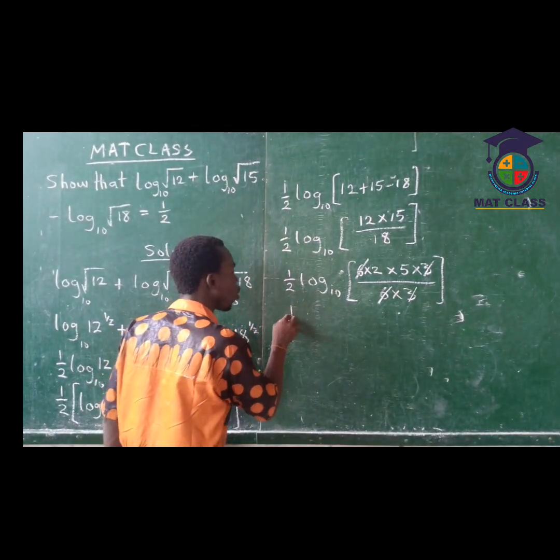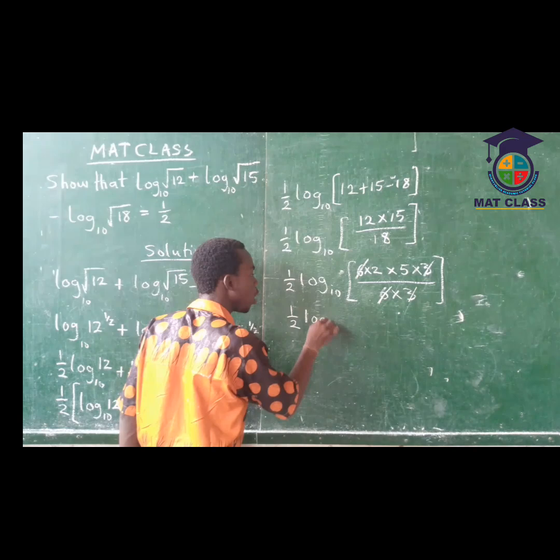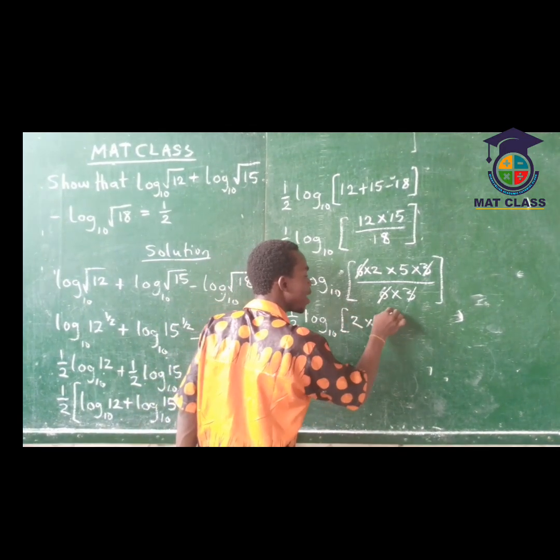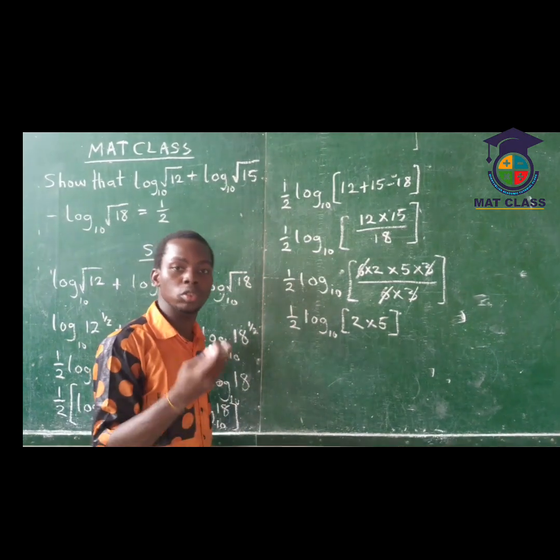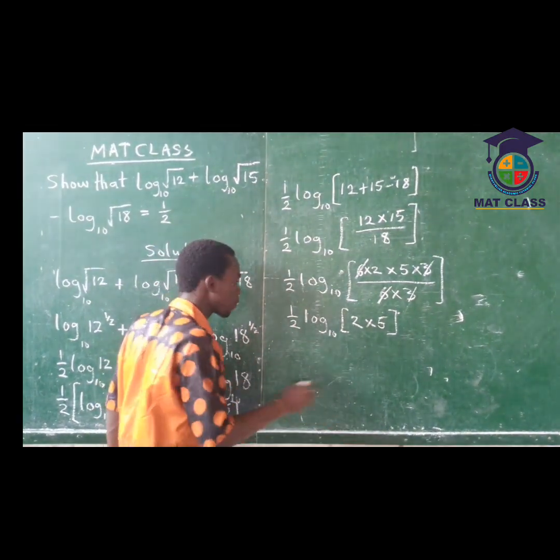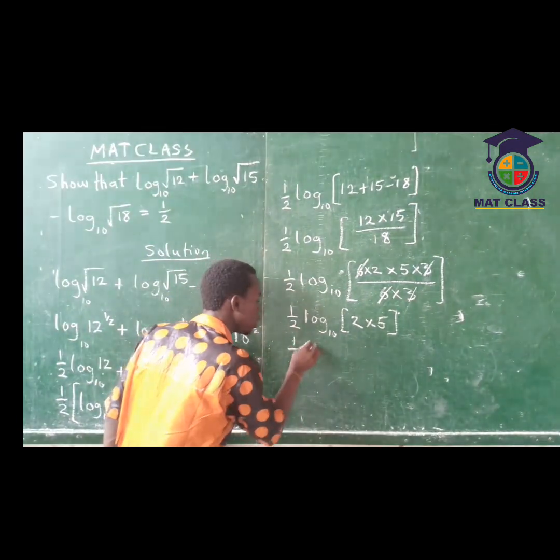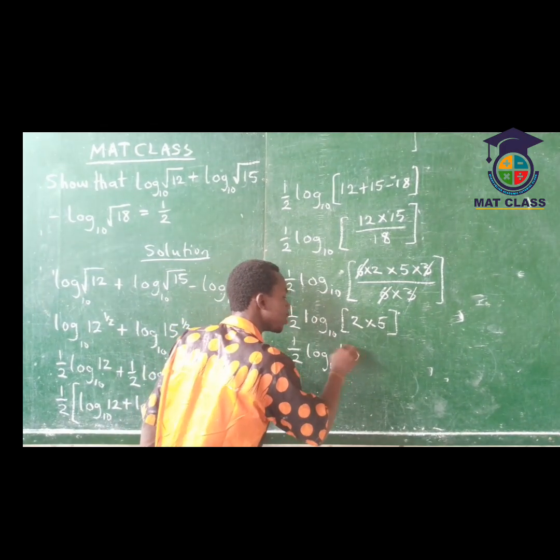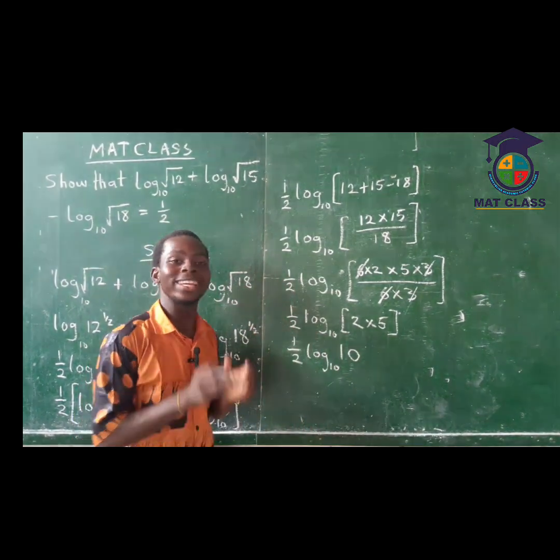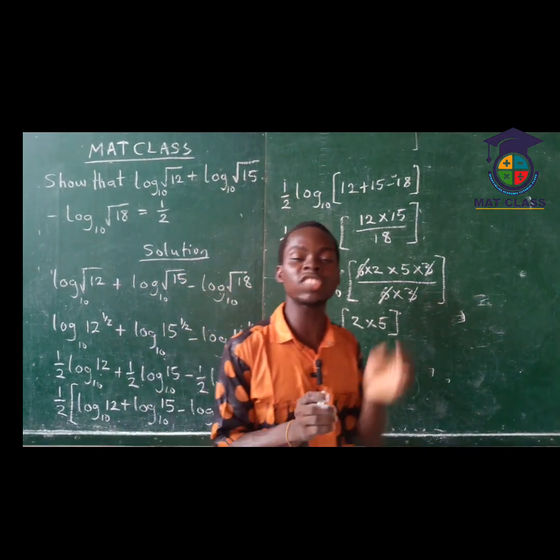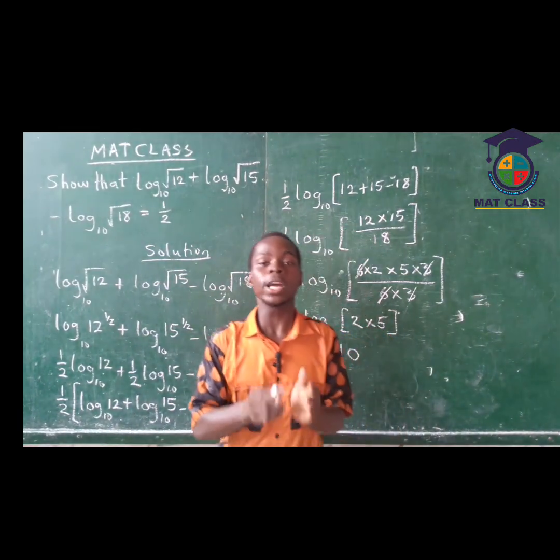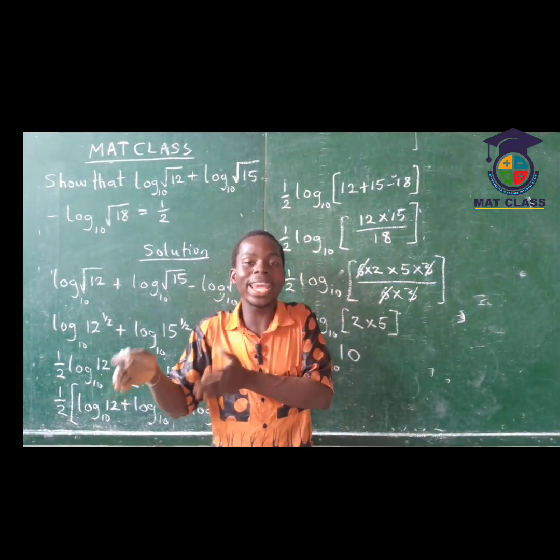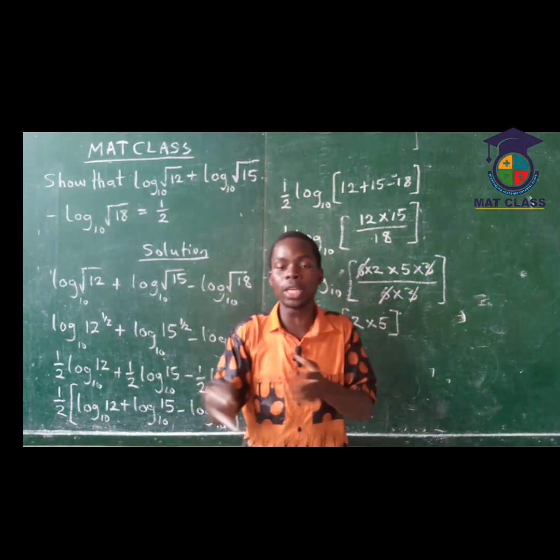I'll now write it: 1 over 2 the log of base 10, open bracket, 2 times 5, and 2 times 5 will give me 10. And I say 1 over 2 the log of base 10. Now, under this topic, in the law of indices also, there's something that always tells us that whenever you are having a log of something base that same thing, it will give us 1.